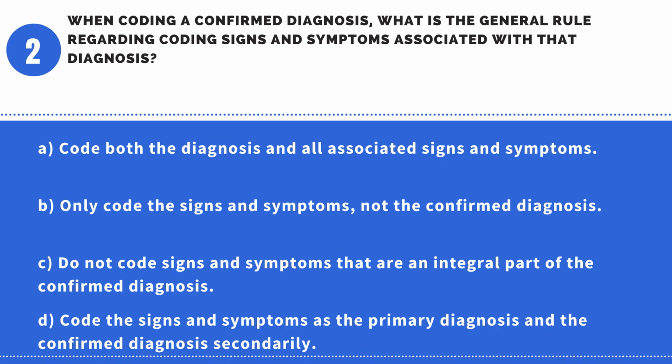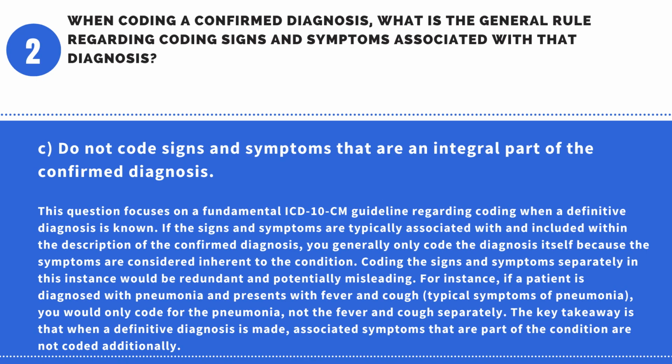C. Do not code signs and symptoms that are an integral part of the confirmed diagnosis. D. Code the signs and symptoms as the primary diagnosis and the confirmed diagnosis secondarily. Answer: C. Do not code signs and symptoms that are an integral part of the confirmed diagnosis.